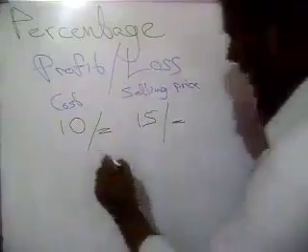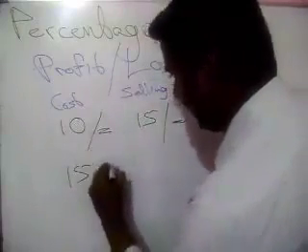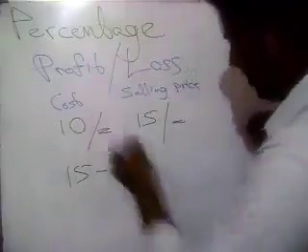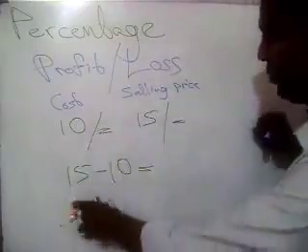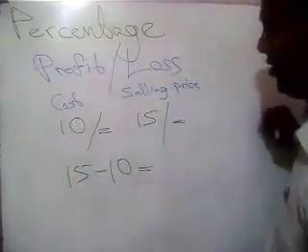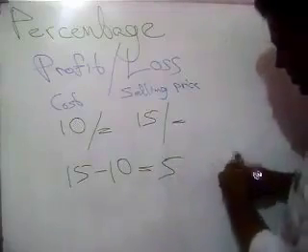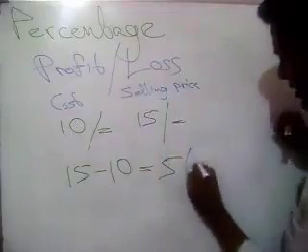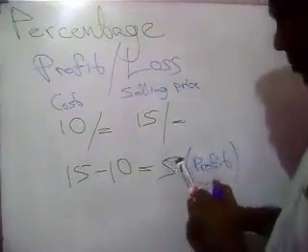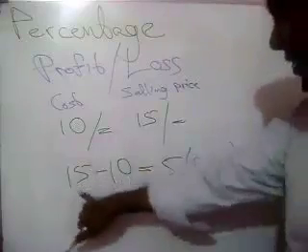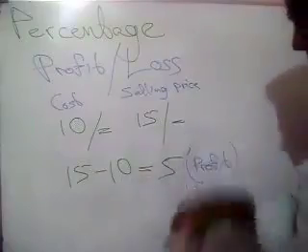So your selling price minus your cost is, so you sold the good at 15 rupees, it only costs you 10 rupees, so you have made a profit. So by selling this good at 15 rupees, you made a profit of 5 rupees.